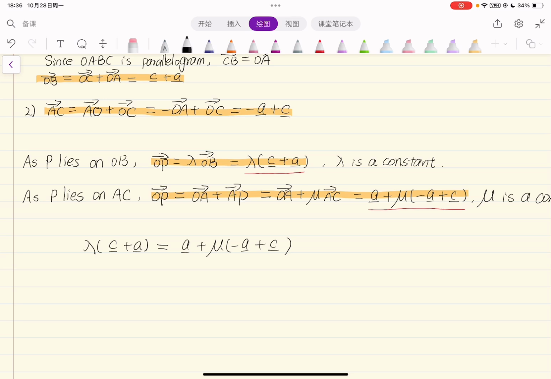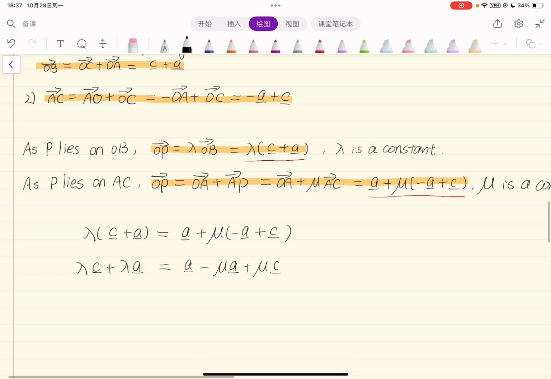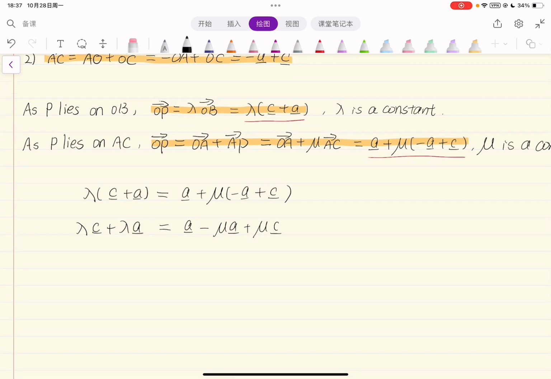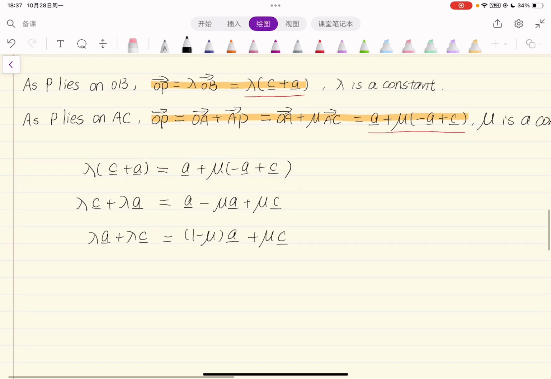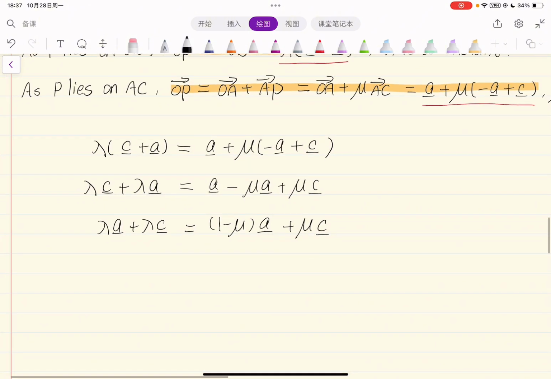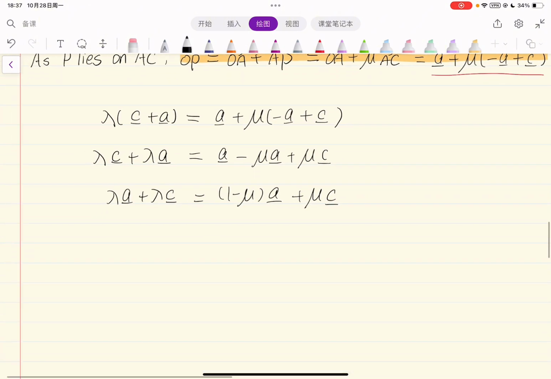And we rearrange that, we have lambda c plus lambda a equals a minus mu a plus mu c. Then we have lambda a plus lambda c equals 1 minus mu times a plus mu c. And then we can compare the coefficients of the two vectors.